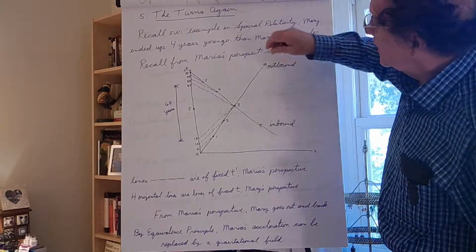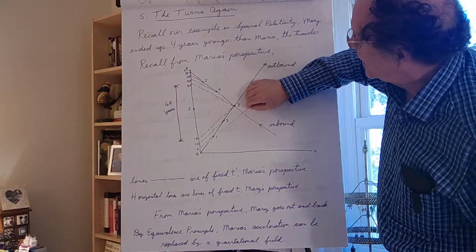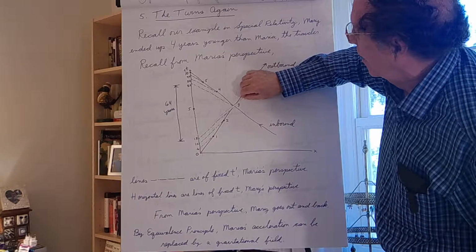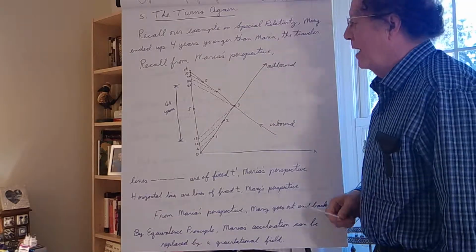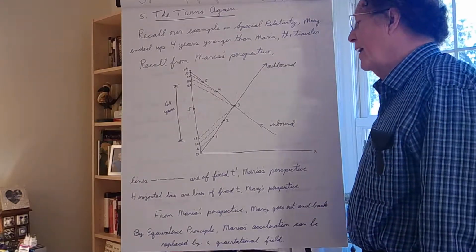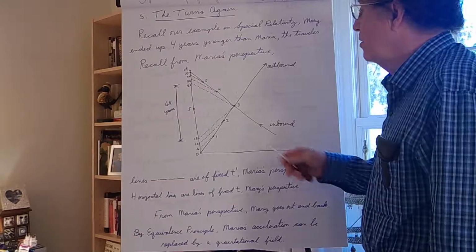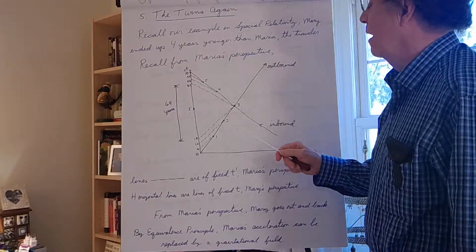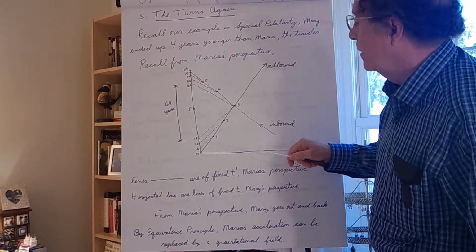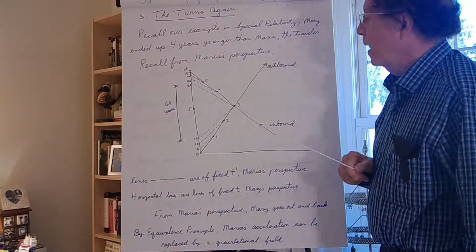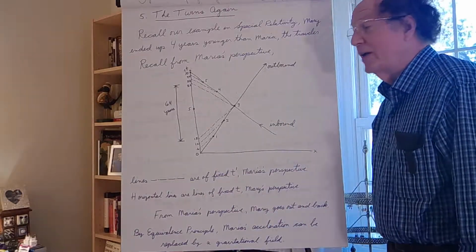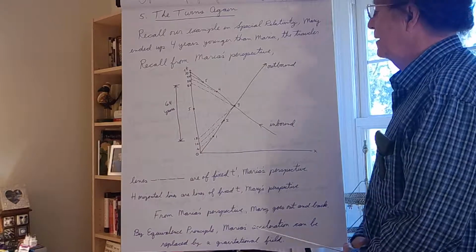So from Maria's perspective, she gets to the midpoint of the travel, and she looks back at Mary, and she says, "Oh, Mary, you're younger than I am by the same factor that you think I am younger than you." 3 is to 5 as 1.8 is to 3. So we see time dilation working from both perspectives.